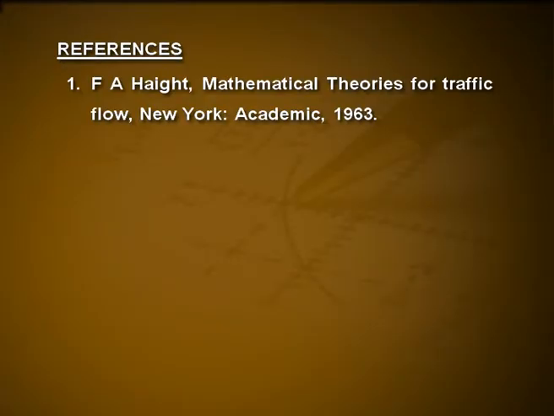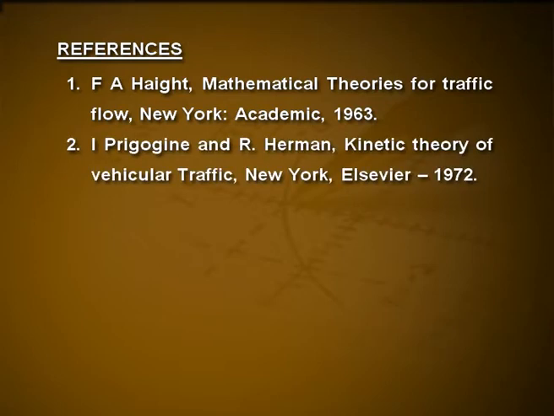Here are some references. First one, F.A. Haight, Mathematical Theories for Traffic Flow, New York Academic 1963. Next one, I. Prigogine and R. Herman, Kinetic Theory of Vehicular Traffic, New York Elsevier 1972.